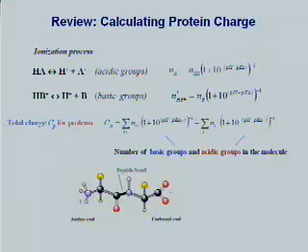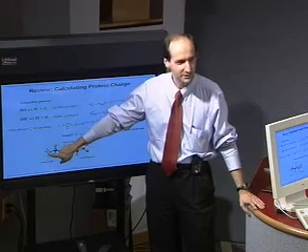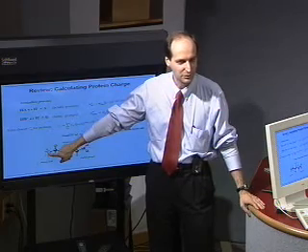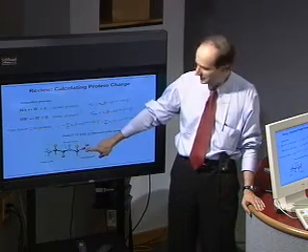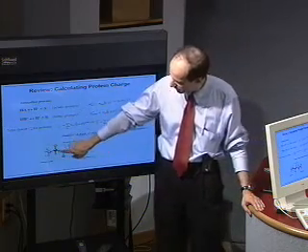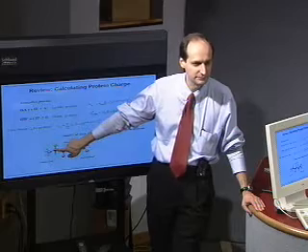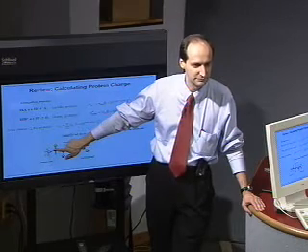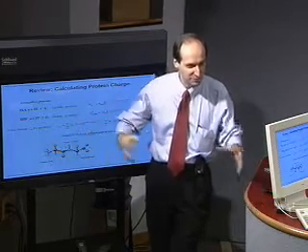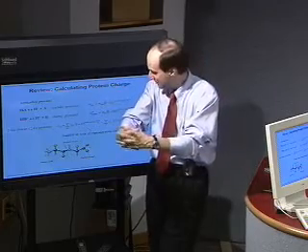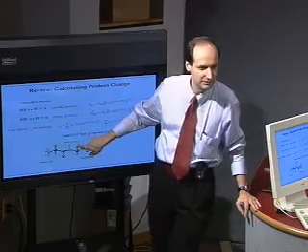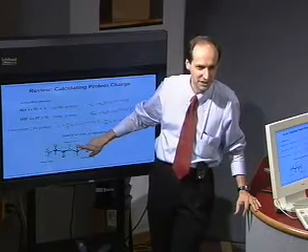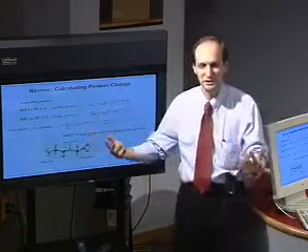Now when you calculate the charge of this protein, you have one terminal amino group and one terminal carboxyl group. You don't have any intermediate groups on the chain, since these groups have already been formed as a part of the peptide bond. Then each amino acid has a side group, one per amino acid, which depending on the amino acid can be charged.